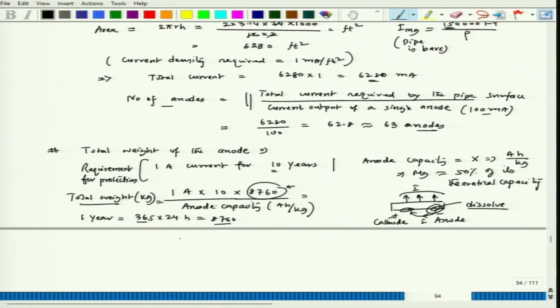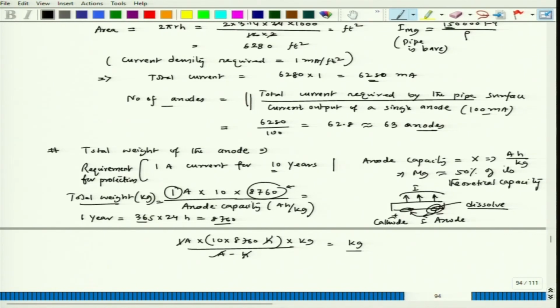So, 1 ampere into 10 into 8760 hour into kg per ampere hour. So, this becomes this much kg. Now, this is done with respect to 1 ampere.